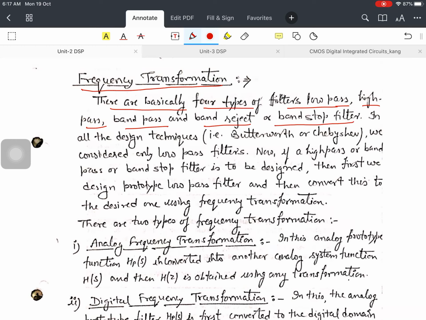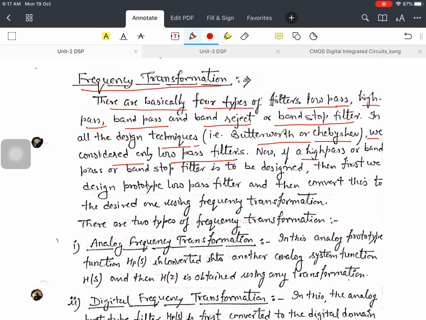In all the design techniques, that is Butterworth or Chebyshev, we read about both the designing procedure. We considered only low pass filters. As you have seen in previous lecture, we have only taken low pass filters.